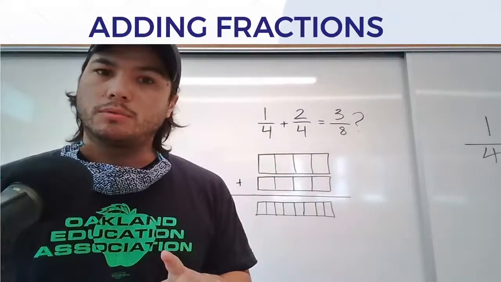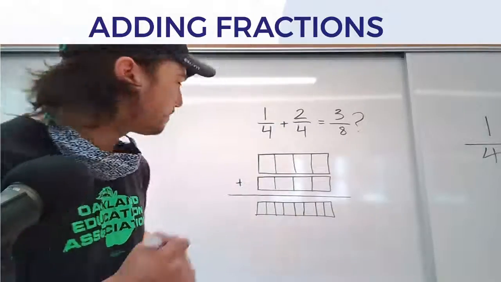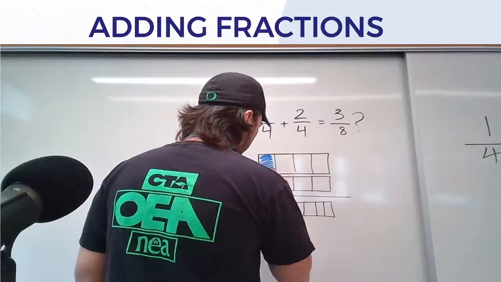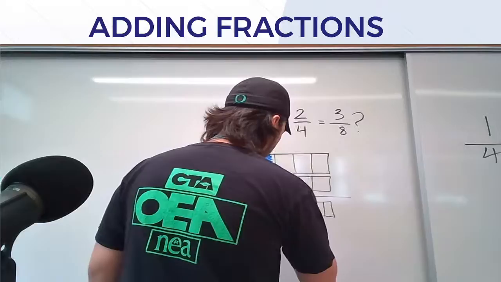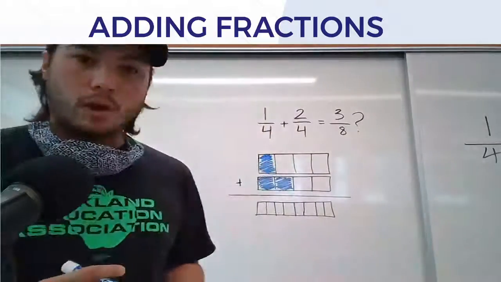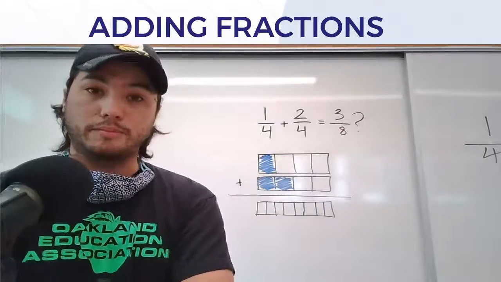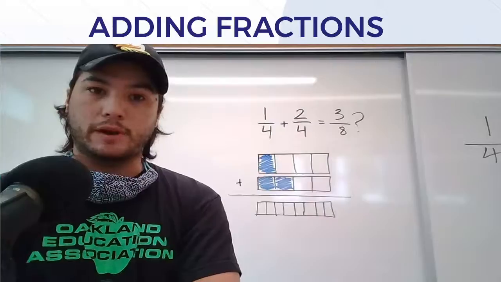So let's set up our problem to start. 1/4 plus 2/4. I've shaded in 1/4 of the top fraction bar, 1/4 of 1, and I've shaded in 2/4 of 1 on the bottom fraction bar.